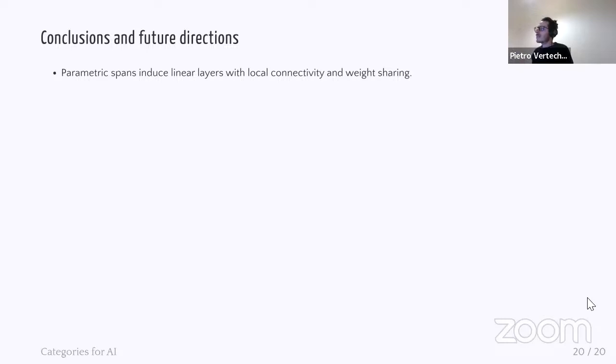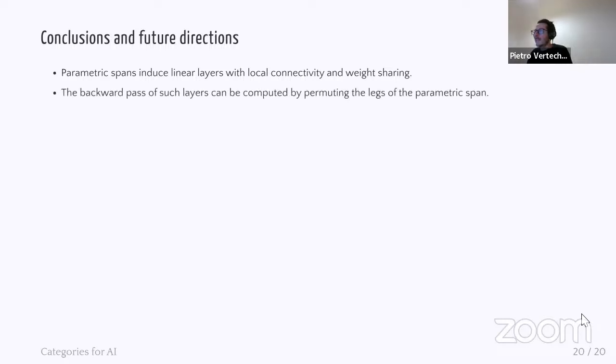To sum up this last part of the talk about parametric spans, what we've seen is that we can use parametric spans to induce linear layers with local connectivity structures and with weight sharing constraints, and that this formalism already has some practical advantages, because the backward pass of these layers can simply be computed by permuting the legs of the parametric span, so by changing which leg we decide to be the output, essentially.